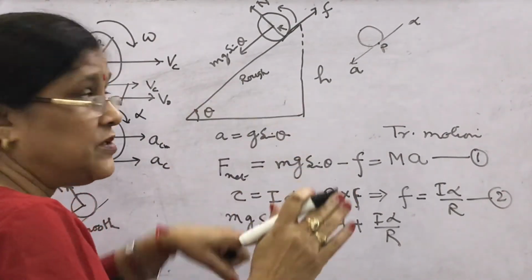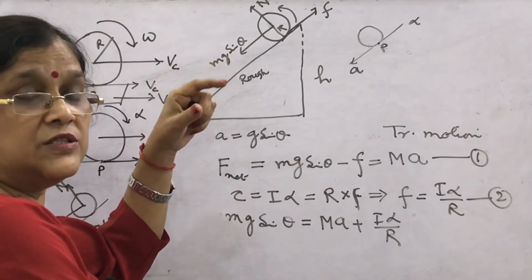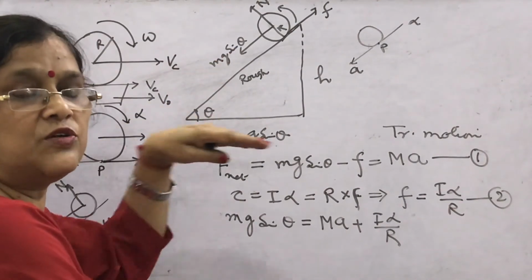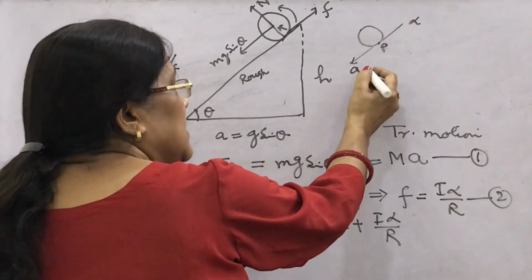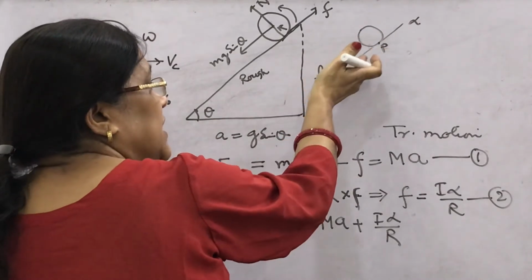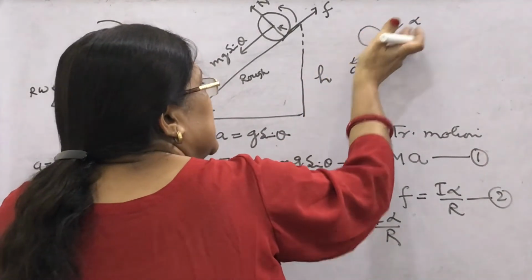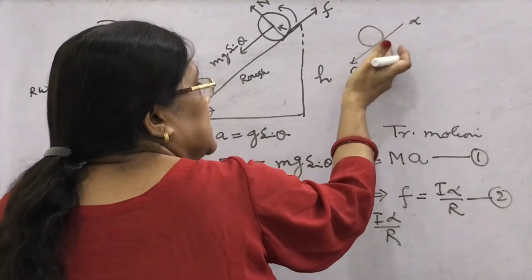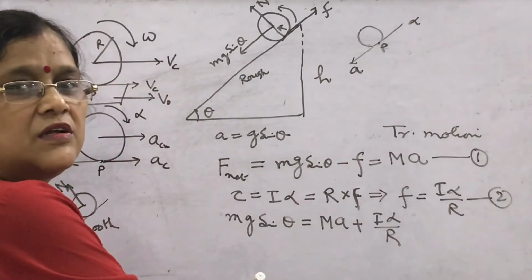At the leveled surface we have discussed, it was AC equal to R alpha. AC was the acceleration of the center of mass. What is here? This acceleration is along the plane in the downward direction, and friction produces angular acceleration. This is along the tangential direction at the lowermost point P in the upward direction.